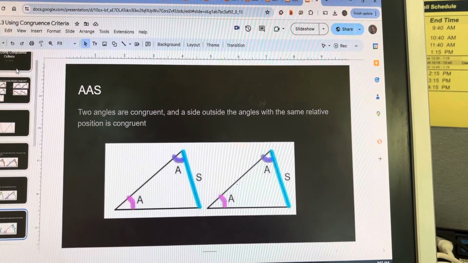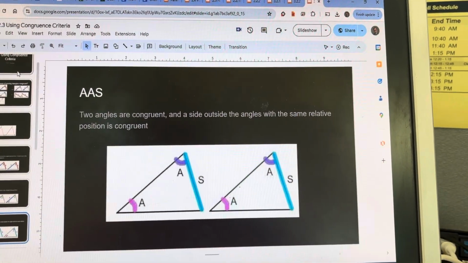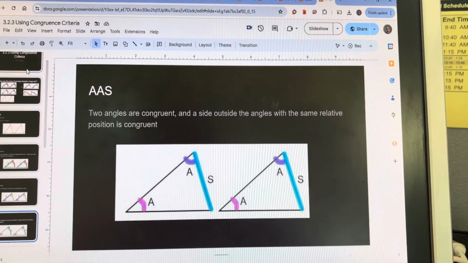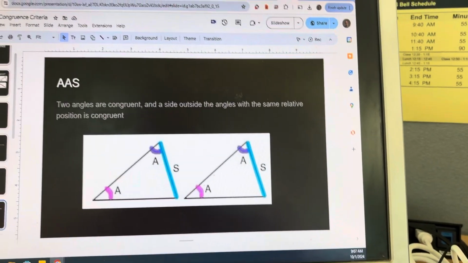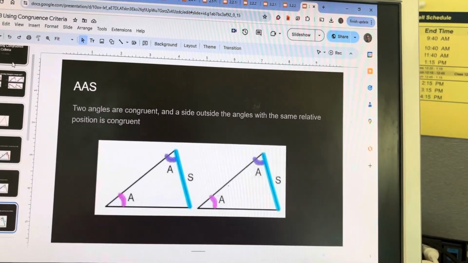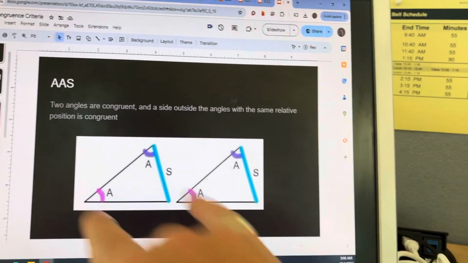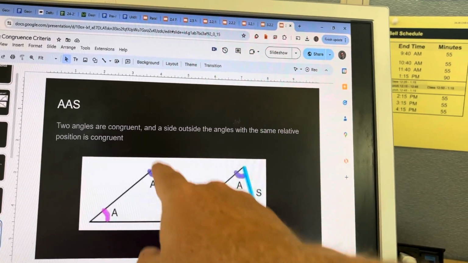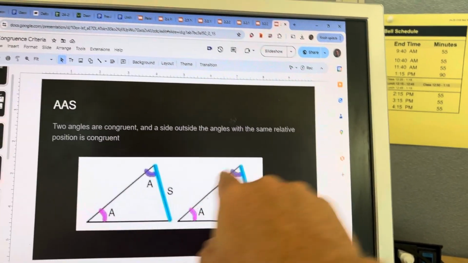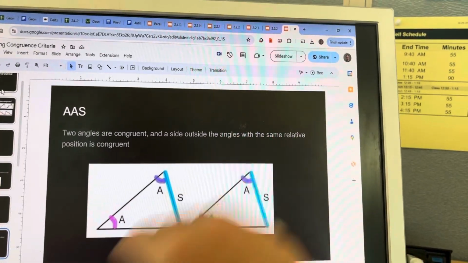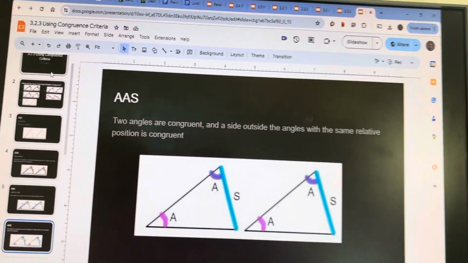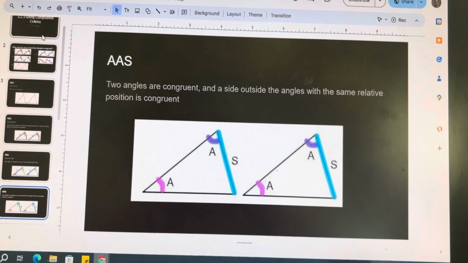If you look up angle, angle, side and some stuff like that, you can see what happens there. But just keep in mind how different these are. This one's angle, angle, side. If we have two angles that are congruent, and then the side that's outside of those angles in the same relative position, that's going to be enough to prove that those triangles are congruent.